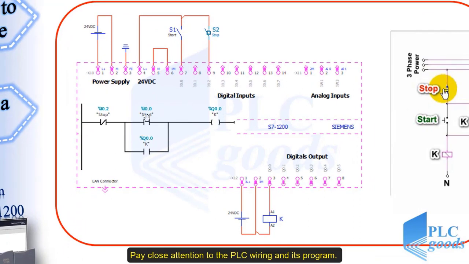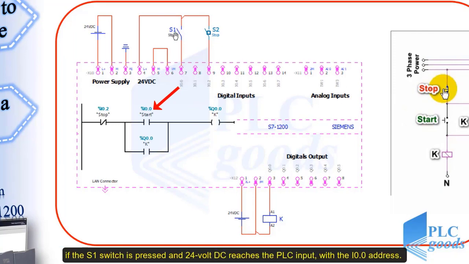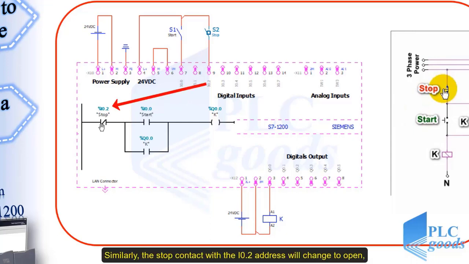Pay close attention to the PLC wiring and its program. The start contact with I0.0 address in our program will change to closed if the S1 switch is pressed and 24 volt DC reaches the PLC input with the I0.0 address. Similarly, the stop contact with the I0.2 address will change to open if the S2 switch is pressed and 24 volt DC reaches the PLC input with the I0.2 address.